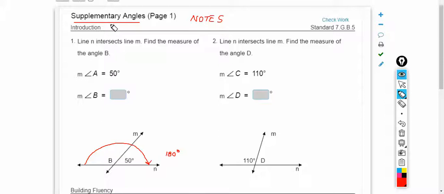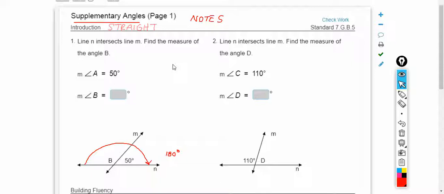Okay. So straight, S-T-R-A-I-G-H-T. I think I spelled that right. Sometimes I get that mixed up. Straight angles.